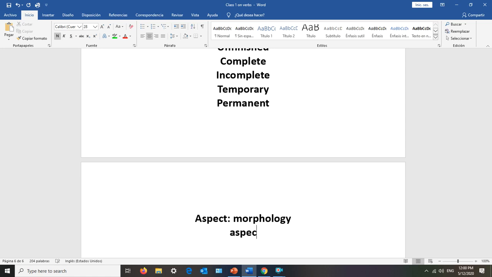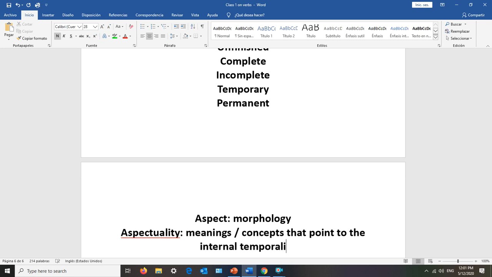In contrast, aspectuality pertains to meanings, concepts that point to the internal temporality of situations.